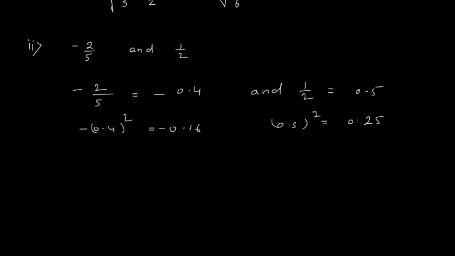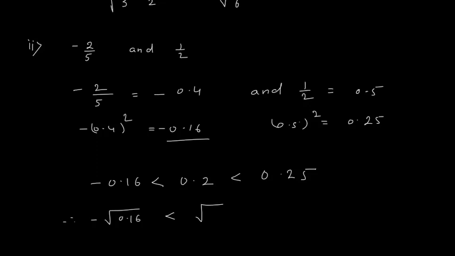So this is a smaller number, so I can say that 0.16 is smaller than, I will take any number between them. Let us say take 0.2, and this is smaller than 0.25. So therefore the square root of 0.16 will be less than the square root of 0.2, which will be less than the square root of 0.25.